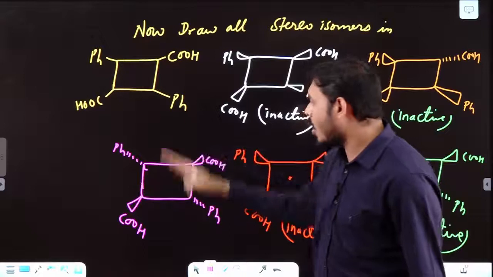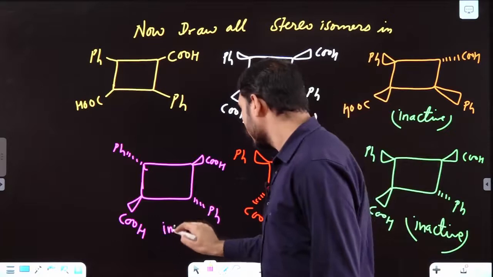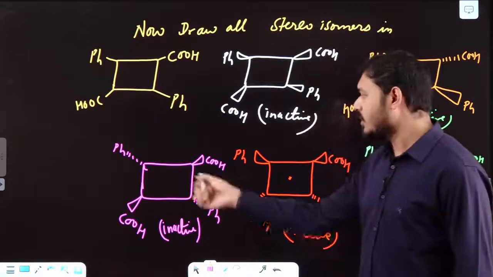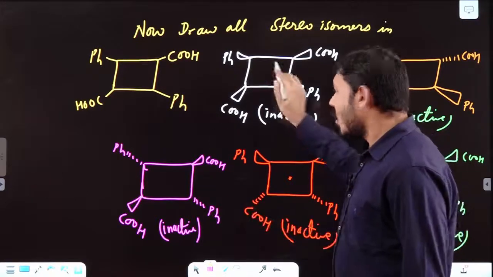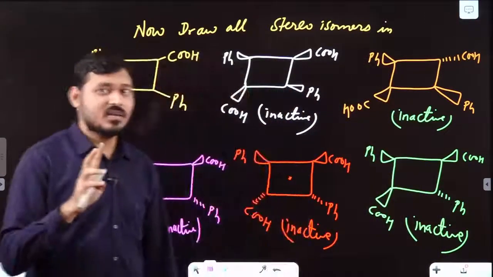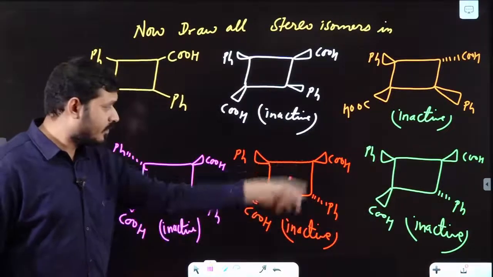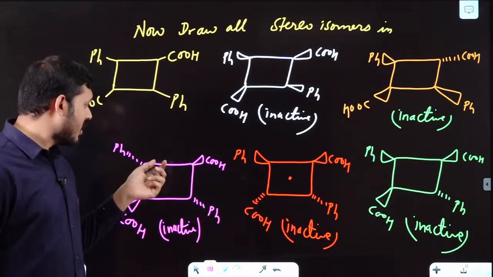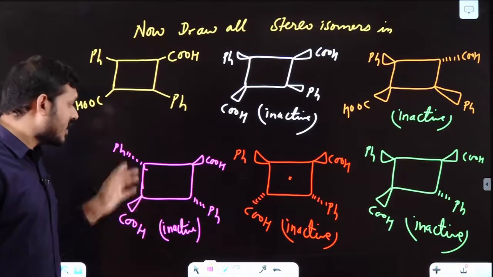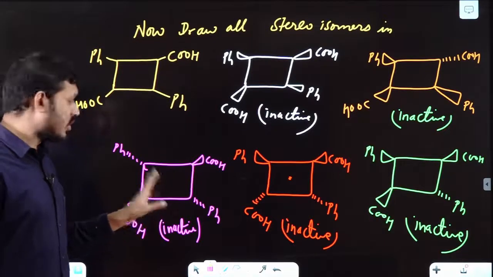If this plane or this plane, you are having plane of symmetry in this also, so this is also inactive. Okay, so dear students, you can understand in this all four on same side inactive, one on different side means 3 on same side, 2 cases both inactive, 2 on same sides 1 2 or 1 3, either you take COOH COOH on dash or COOH COOH on wedge. As it is inactive, its mirror image will be that part, right? So its mirror image is also inactive, so no need to draw.